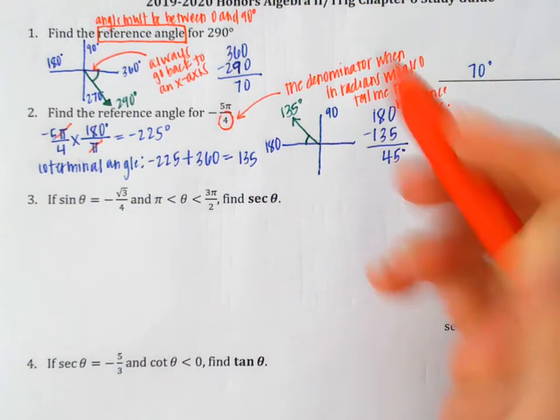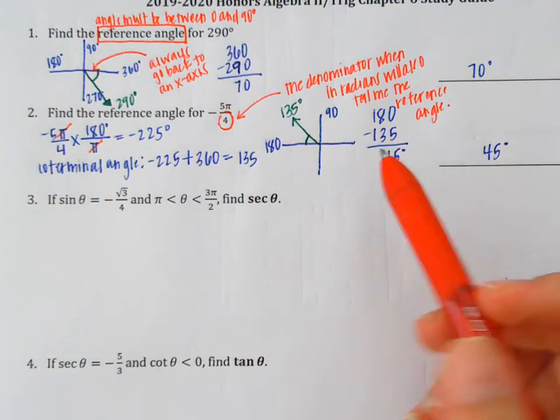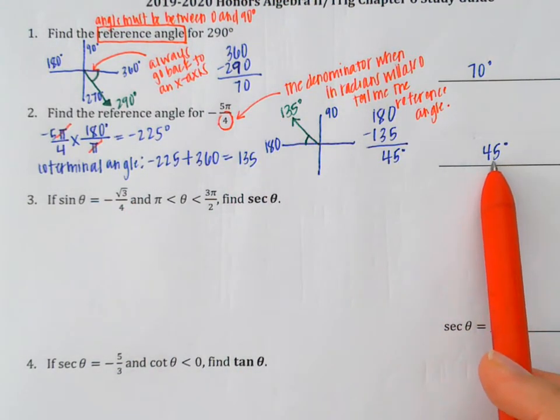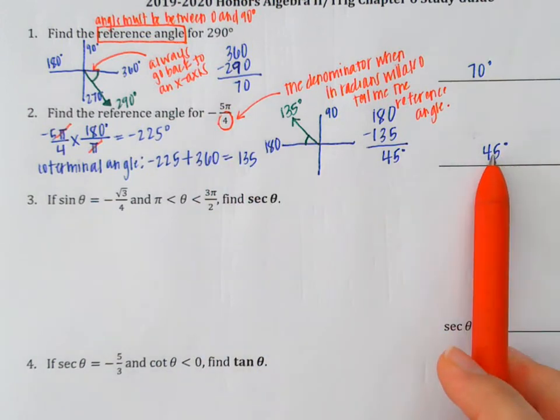So I could have skipped all of this work and just seen 4 and gone straight to 45. If I saw 6, I would go straight to 30. If I saw 3, I'd go straight to 60.